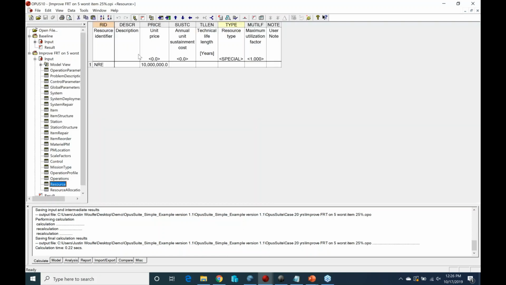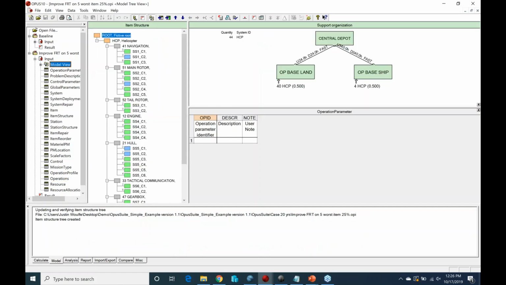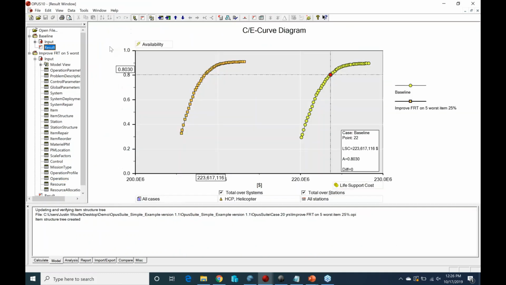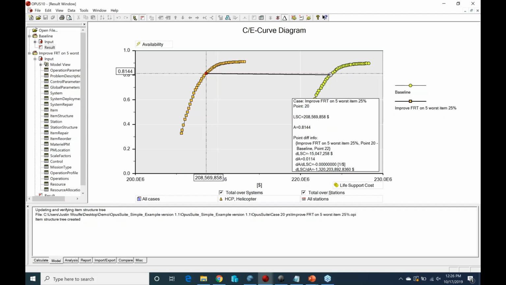And that includes, by the way, a $10 million non-recurring engineering charge to implement these reliability improvements. If that NRE exceeds, let's say, $25 million, then you might not see the payback, right? We have a baseline here and a proposed improvement that's going to save us $15 million with a $10 million investment.